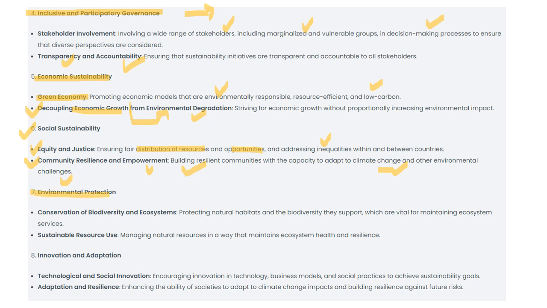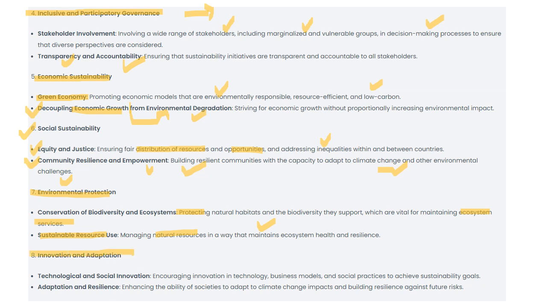Environmental protection, the conservation of biodiversity and ecosystem to maintain the ecosystem services. Sustainable resource use, managing natural resources in a way to maintain the ecosystems. Innovation and adaptation.